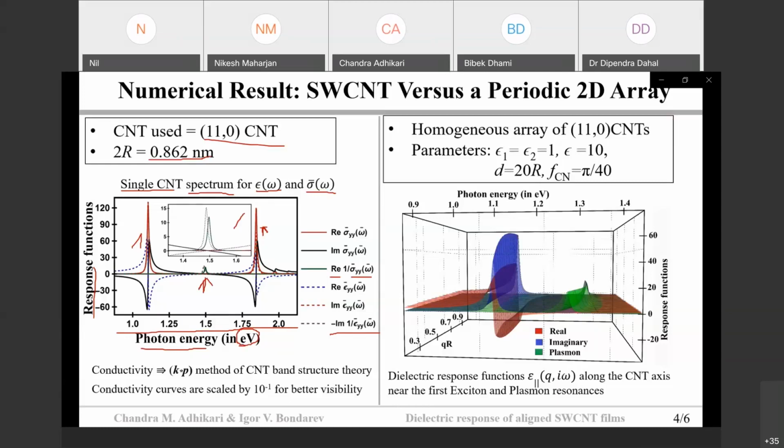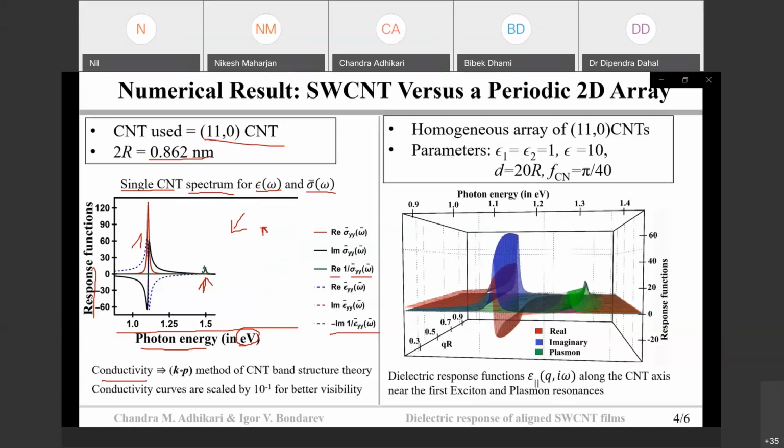The inset is the magnified version of the response function versus photon energy plot near the plasmon resonance. The conductivity has been calculated using the k·p method of carbon nanotube tight-binding theory, and the conductivity curves, meaning the solid curves over here, are scaled for better visibility.